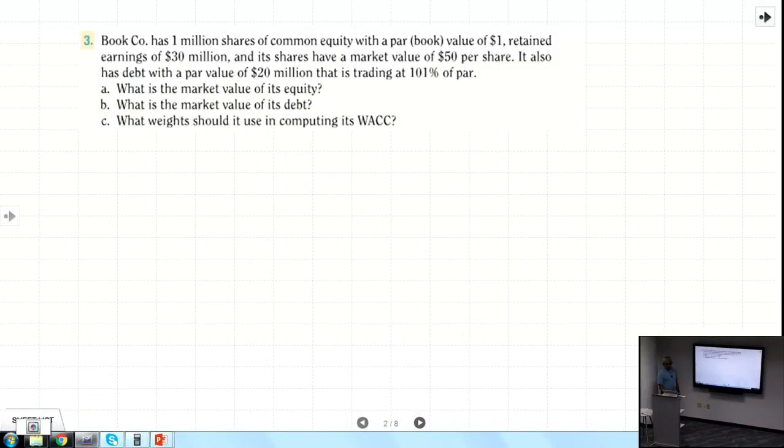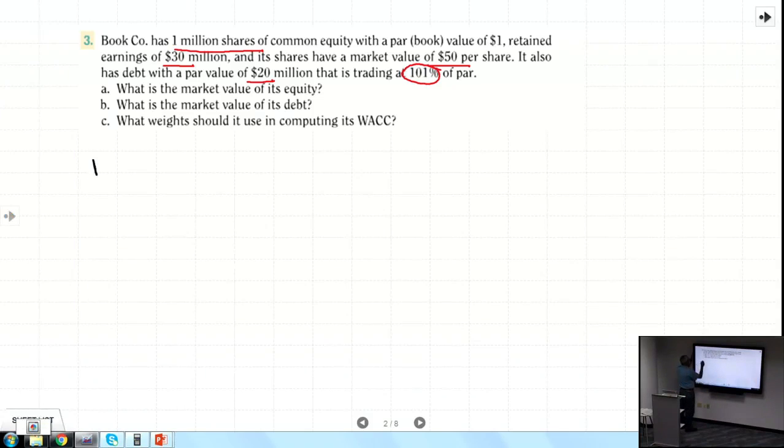Okay, so let's take a look at problem number 3. How do we calculate the market value of equity? Again, what information is given to us? 1 million shares of common equity, book value of $1, retained earnings of 30 million, stock has a market value of $50 per share. There is 20 million of debt outstanding, but the debt is trading at 101% of par.